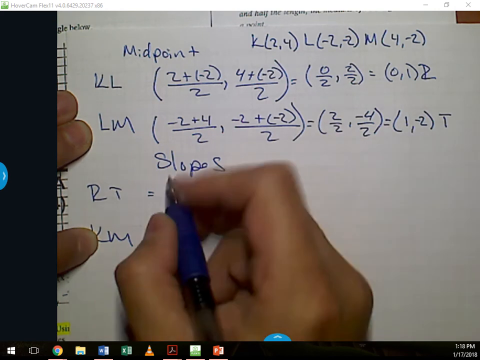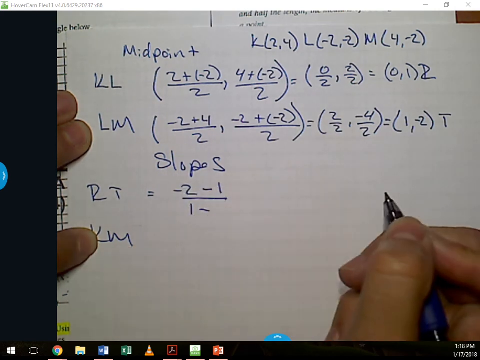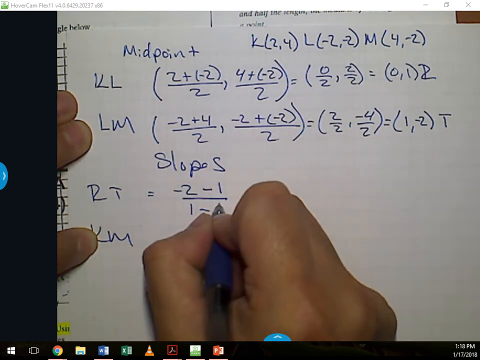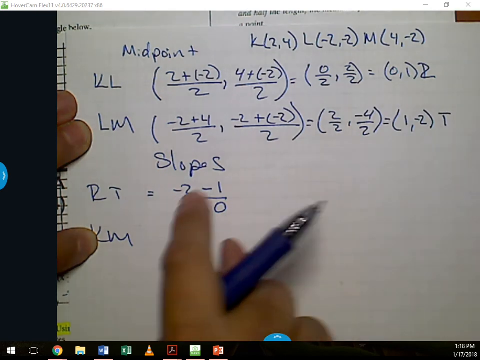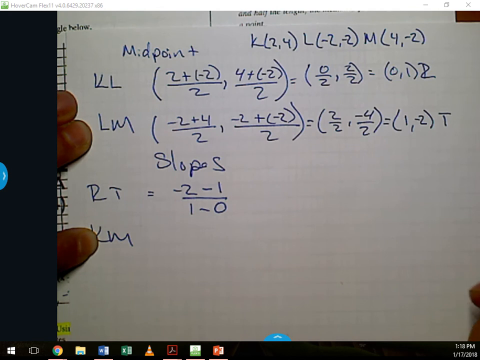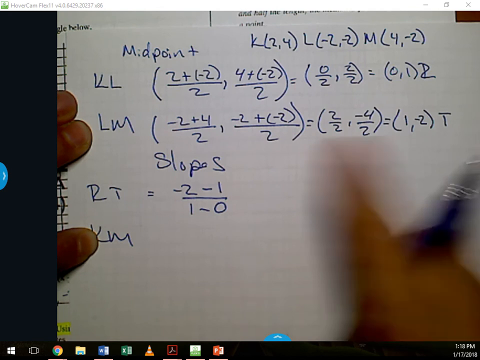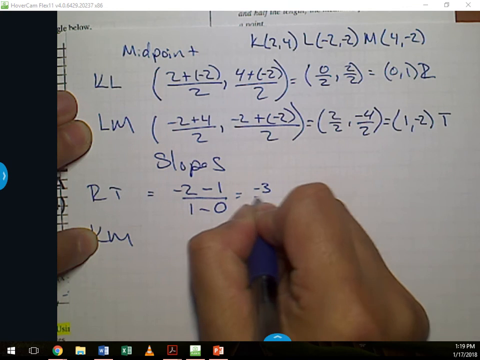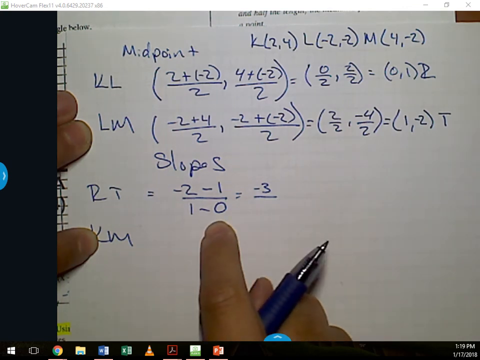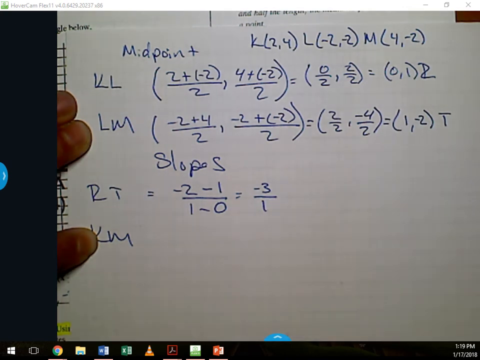It's 1, right? Minus X from my first point. 0, right? Okay. So what do we get on top? I get negative 3 over 1. Okay, there's my slope. That's the slope of RT.